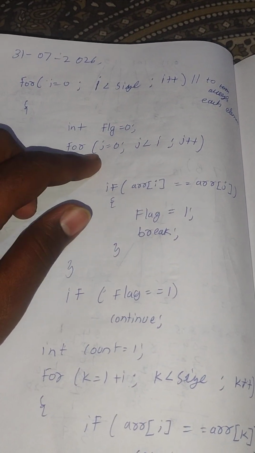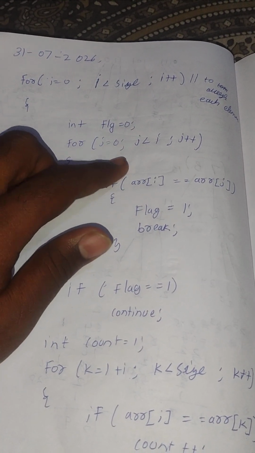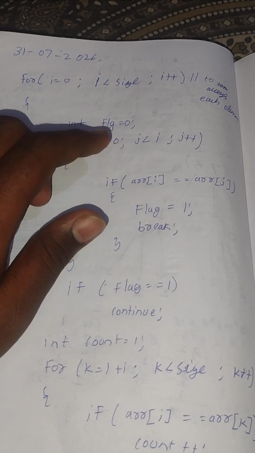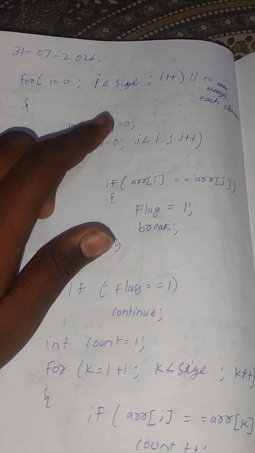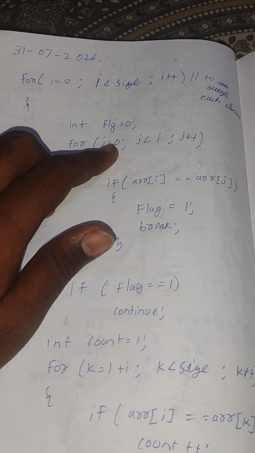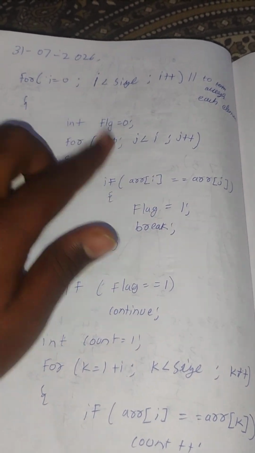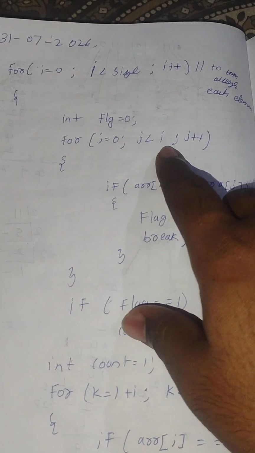Next, to check each number, I'm going to use this loop. In this loop, initially we are going to check the 0th index value. So if i equals 0, j equals 0. If the first two values remain the same, up to where does it need to search?